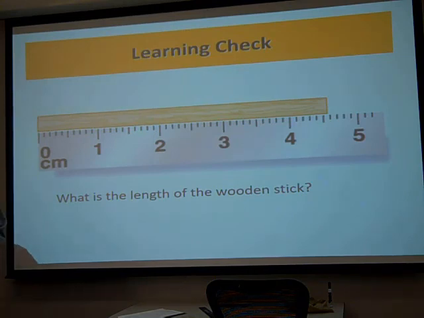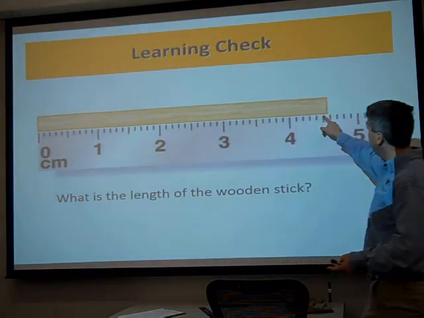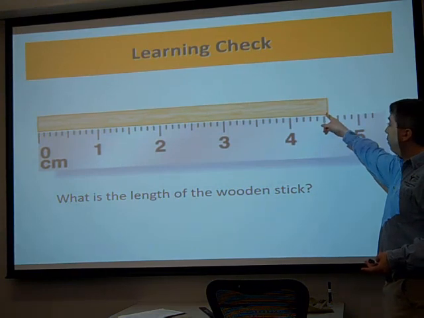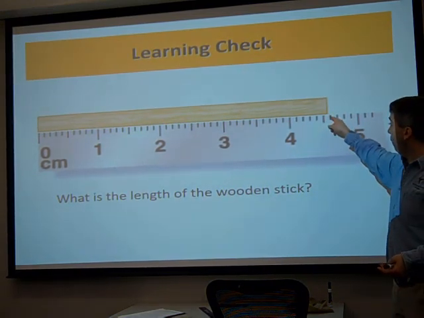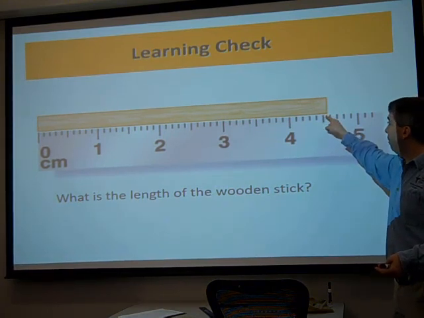All right, what do you get? 4.5? 4.55? Yes, so the smallest marking is in the tenth of a centimeter, and it's about halfway between 4.5 and 4.6, so it's 4.5 something.